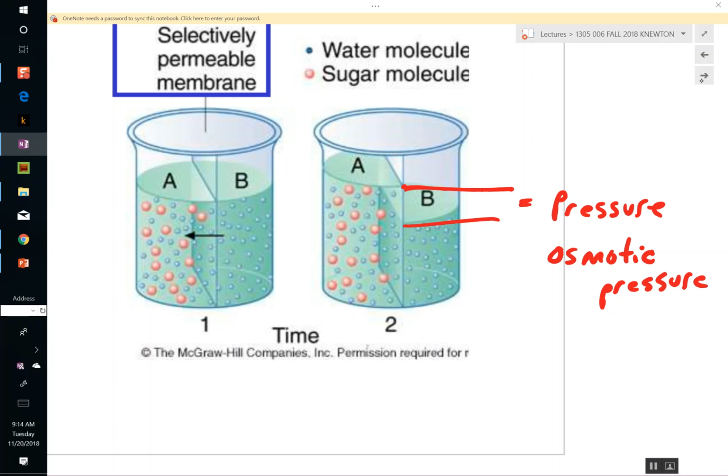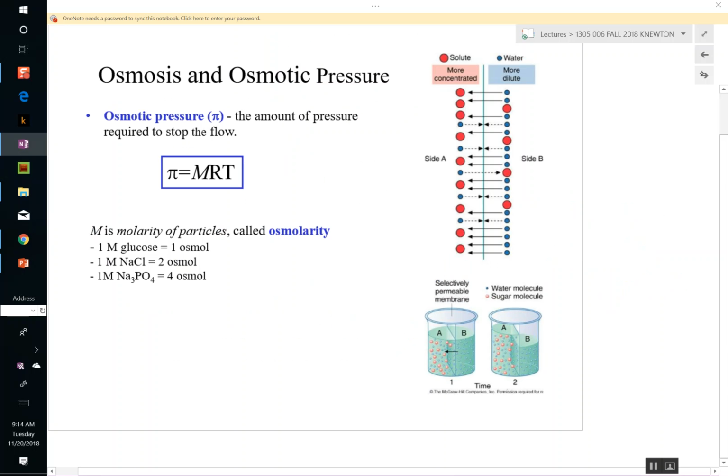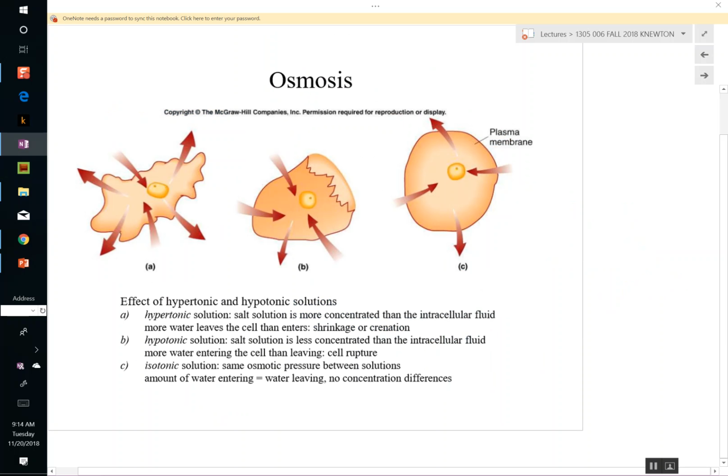Now, let me just show you the implications for the human body. So now we're not talking about pickles, we're talking about red blood cells. So isotonic, here's isotonic. Let's start there. There's your red blood cell.